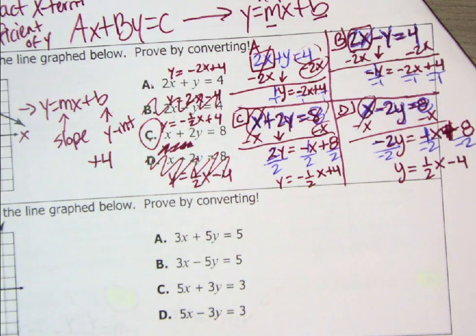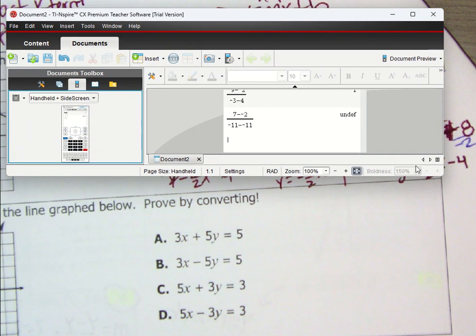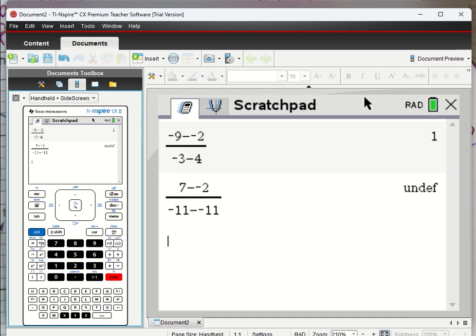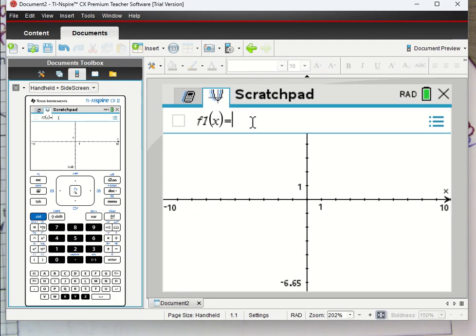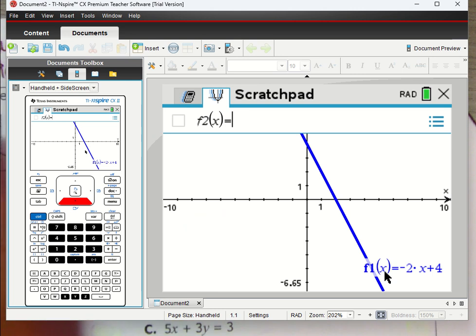But remember, you do have your calculator. And this calculator can do the graphs for you. You can just type in the equations you got, negative 2x plus 4. That is going down and it's touching at 4, but this has an x-intercept of 2.